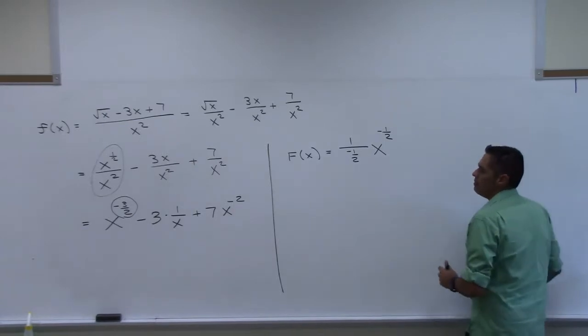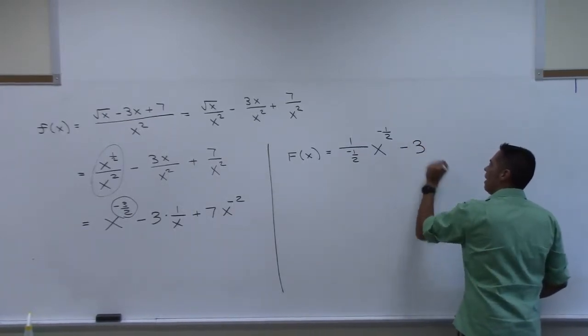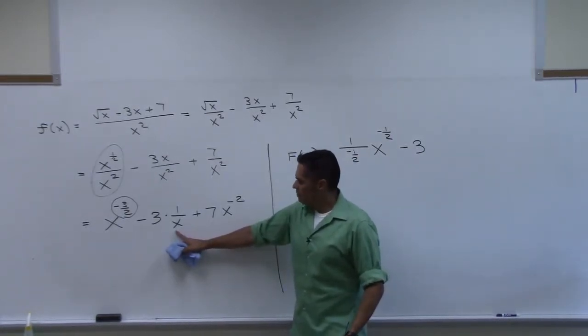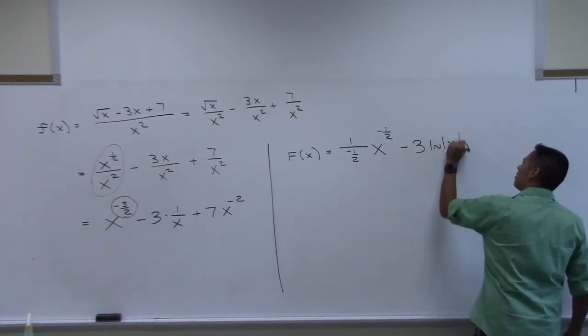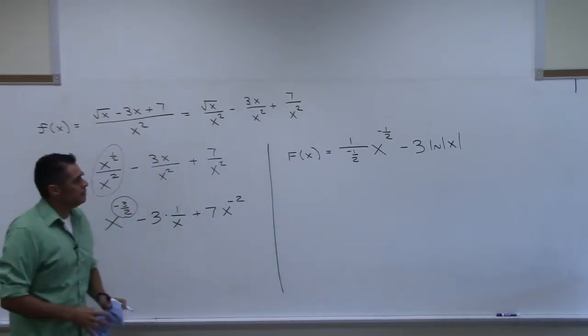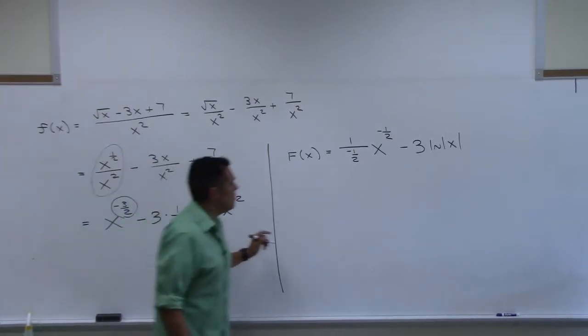All right. Next one, minus, the 3 comes along, and then what's the antiderivative of this? We just said natural log of x. And I said last class, when you do the antiderivative, make sure you put that x in absolute values. And then this next one, plus 7, 7 will come along.